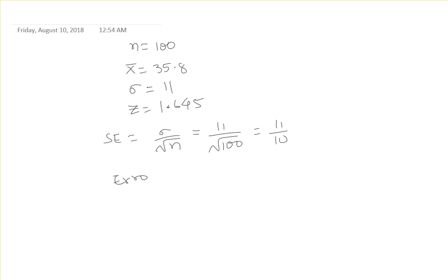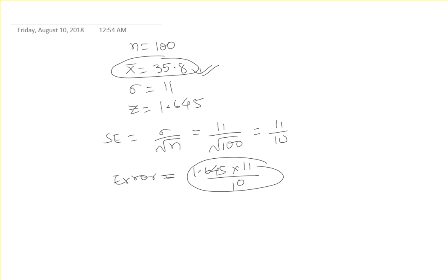Error is equal to 1.645 into 11 upon 10. Now you already have the sample mean, so 35.8 minus this and 35.8 plus this will give you the confidence limits. So this was the first question of your assignment, and it is solved now.